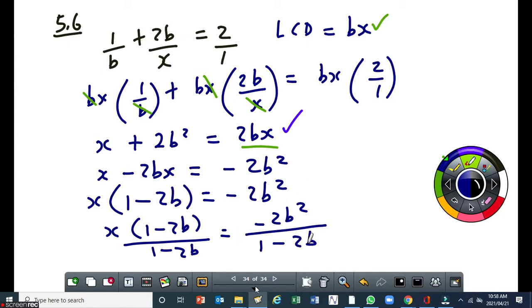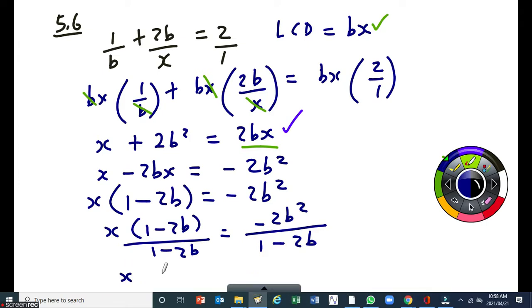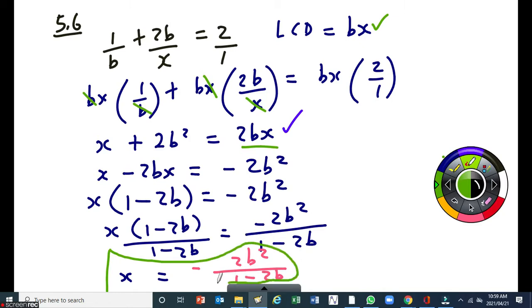Now what this means is that my x is going to be equal to minus 2b squared all over 1 minus 2b. So that will be my value for x: x is equal to minus 2b squared over 1 minus 2b.